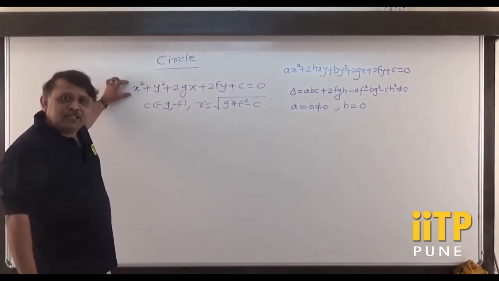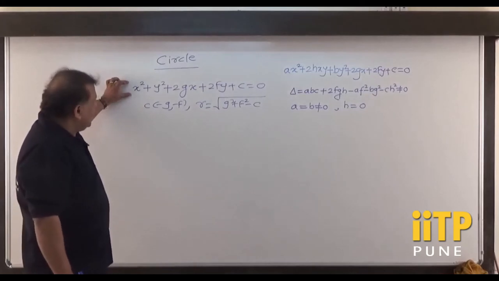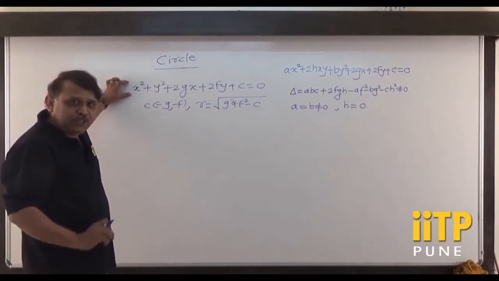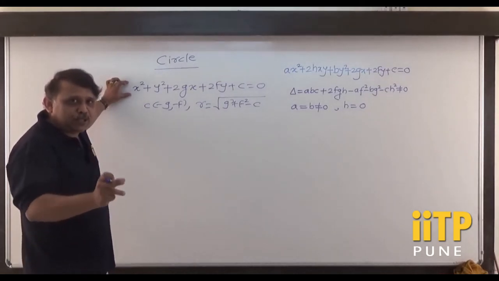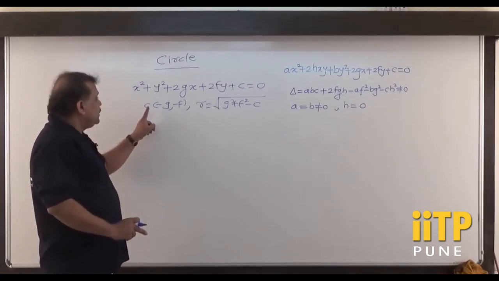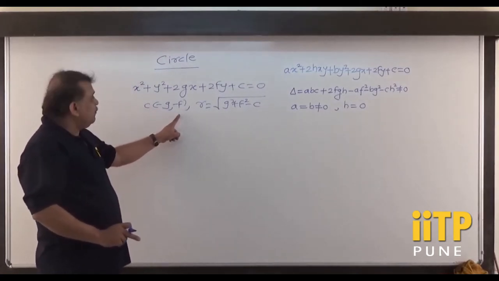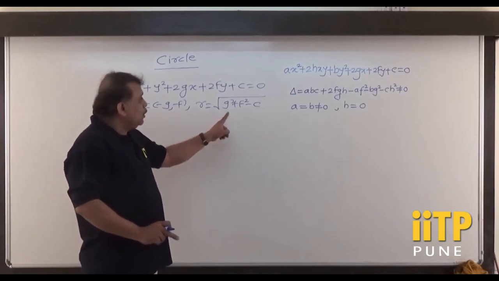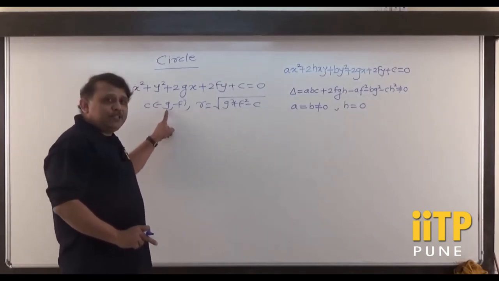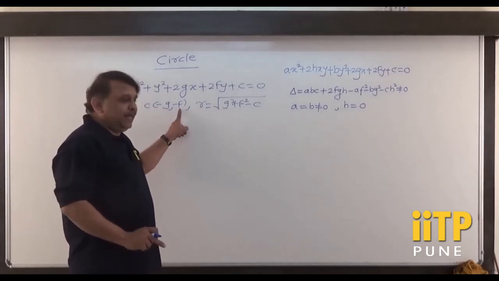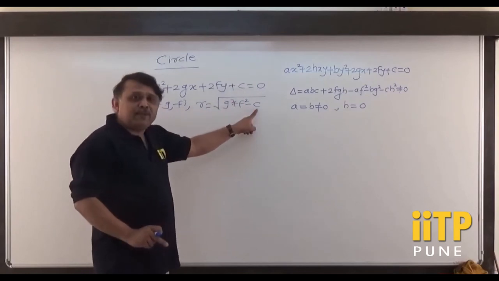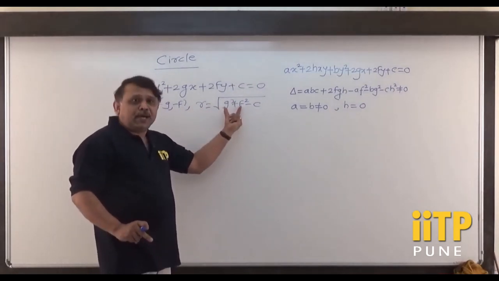Now, this is the general equation of circle, x square plus y square plus 2gx plus 2fy plus c equal to 0, whose center is (minus g, minus f), and radius is root of g square plus f square, with c being subtracted from this sum.